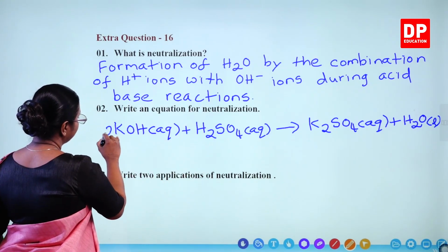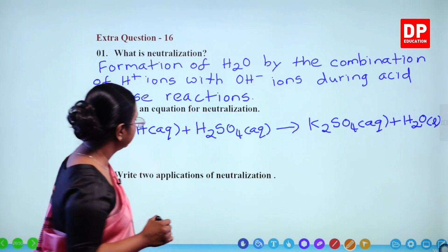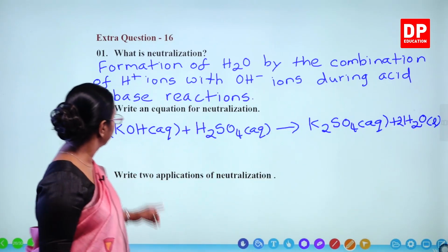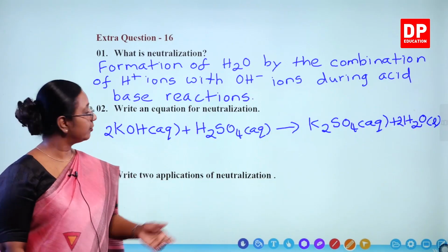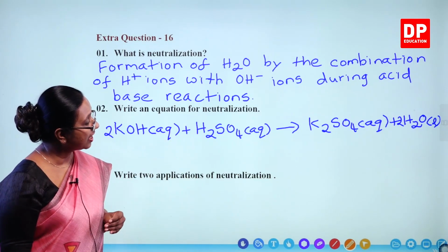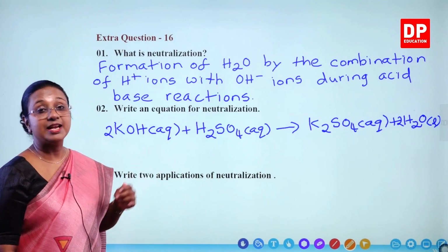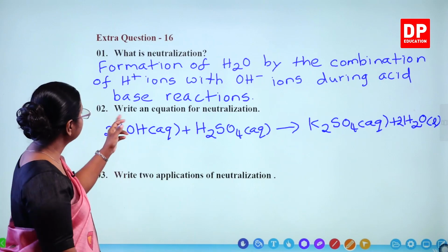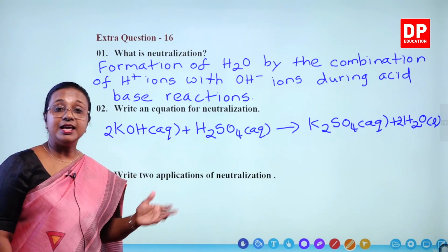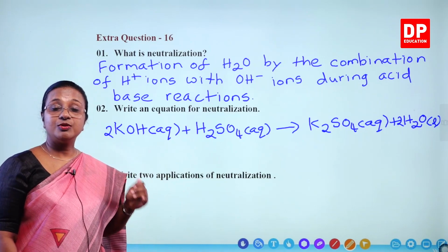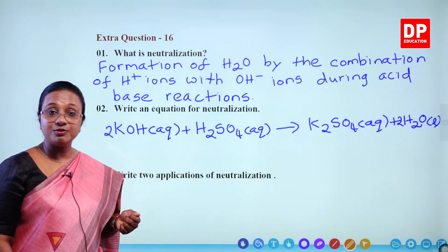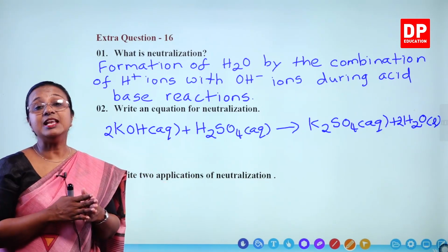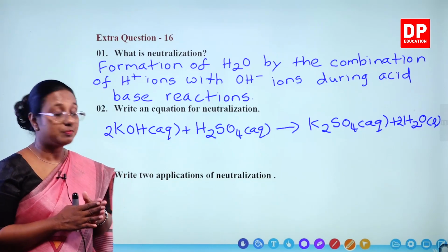We have to balance it by writing 2 here and a 2 there. So, 2 potassium hydroxide aqueous plus sulfuric acid gives rise to K2SO4 aqueous, that is potassium sulphate, and 2 water molecules. That is an example. You can write any: sodium hydroxide and hydrochloric acid, sodium hydroxide and sulfuric acid, nitric acid and potassium hydroxide, between any acid and a base.